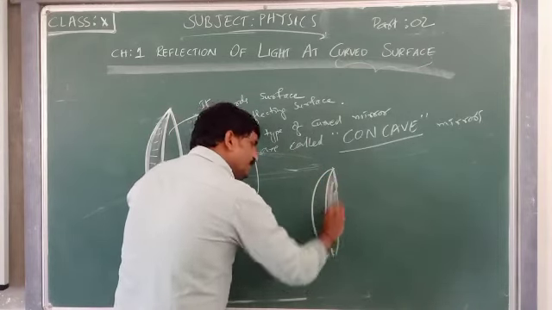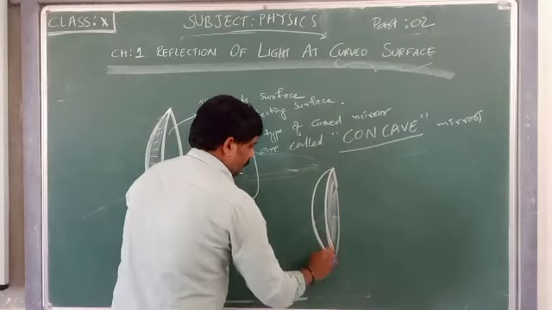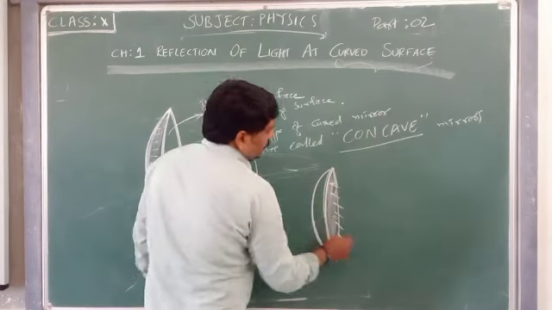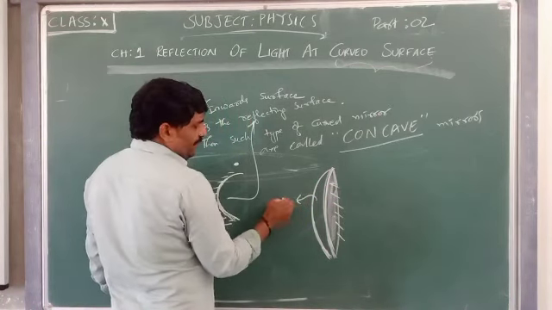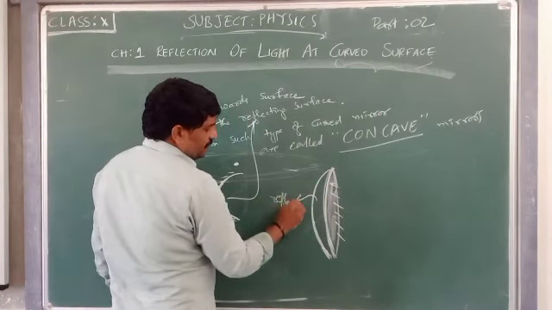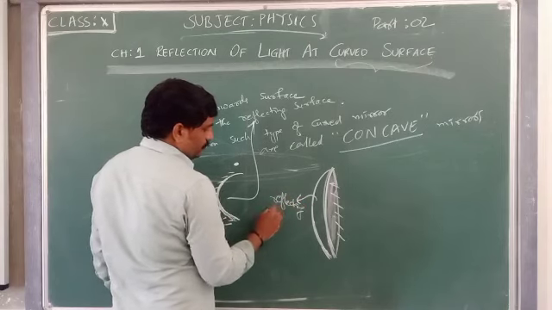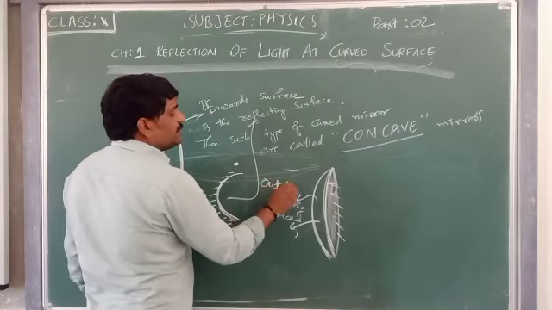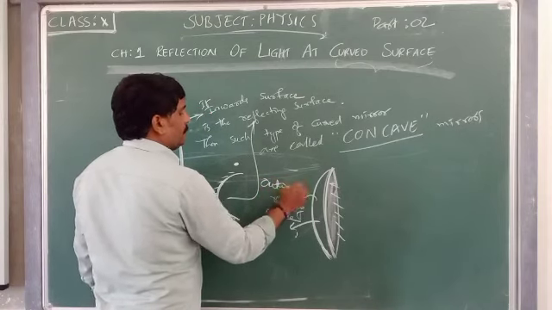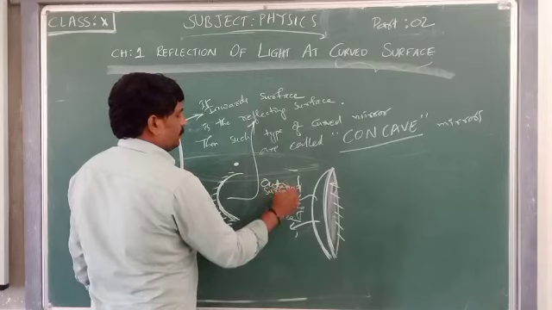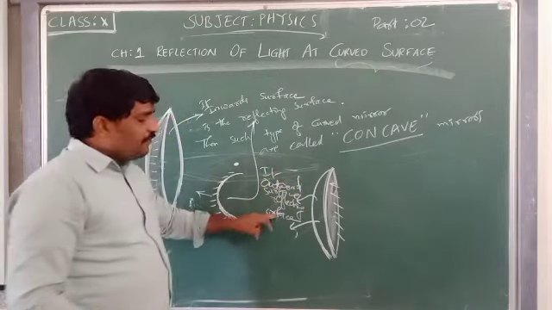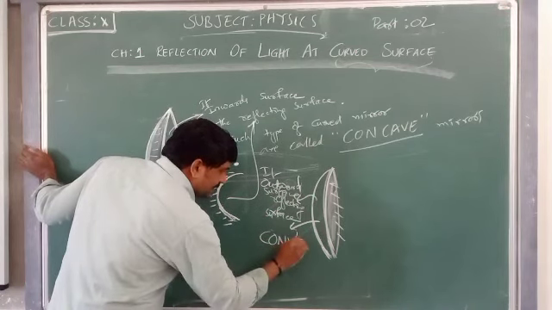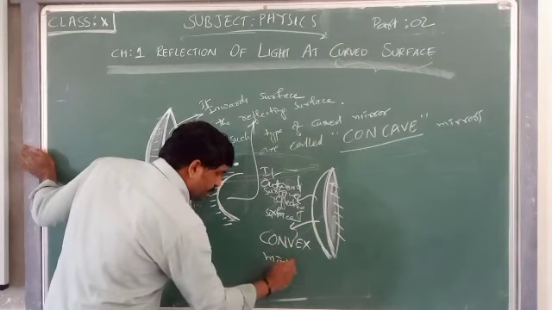If the inward surface is painted and sealed, and the outward surface is the reflecting surface, then such types of mirrors we call convex mirrors.